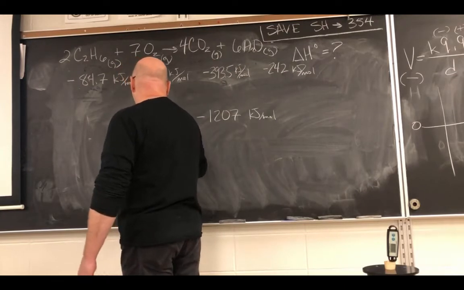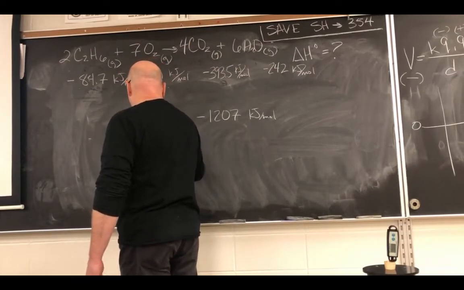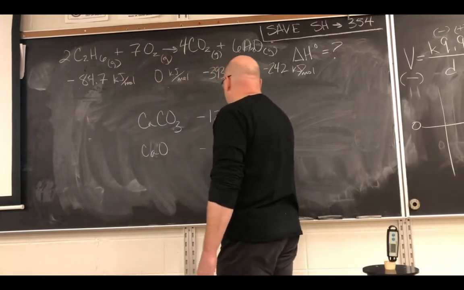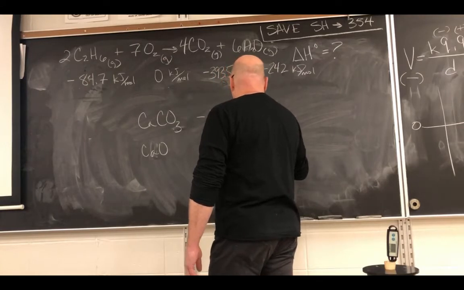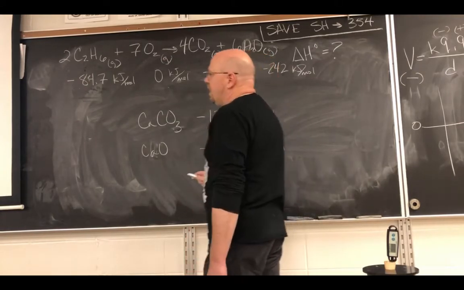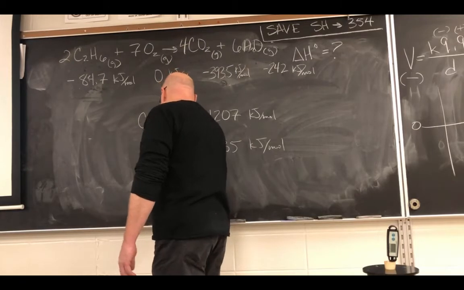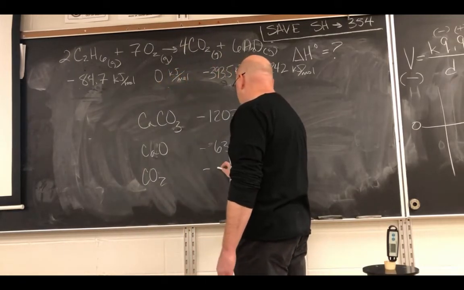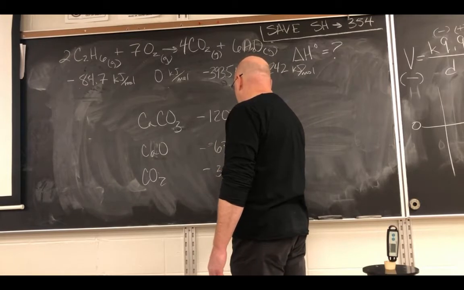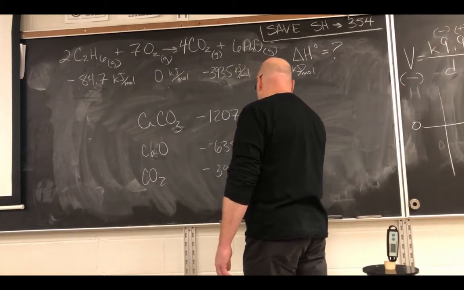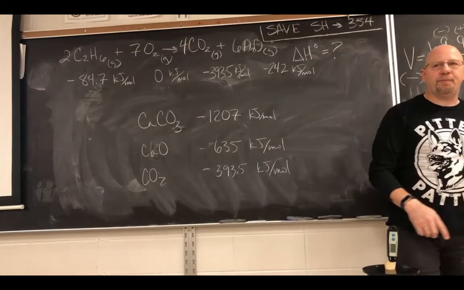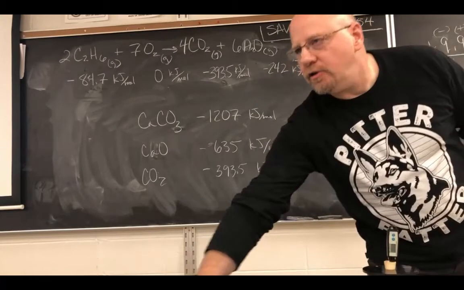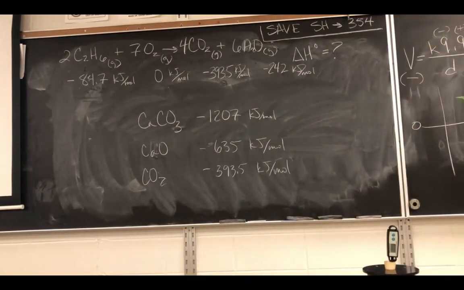Calcium oxide? Negative 635. And carbon dioxide? Negative 393.5. So, for that equation, find the enthalpy of reaction using the enthalpies of formation given to you on the board.